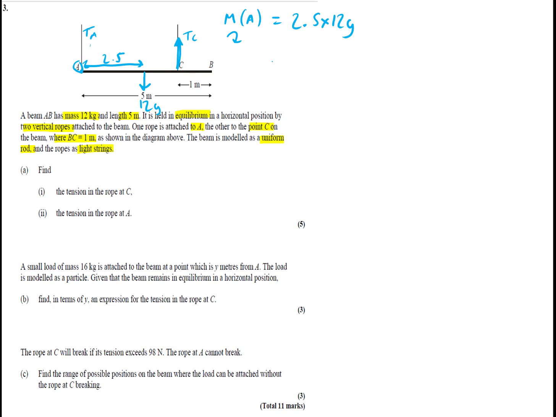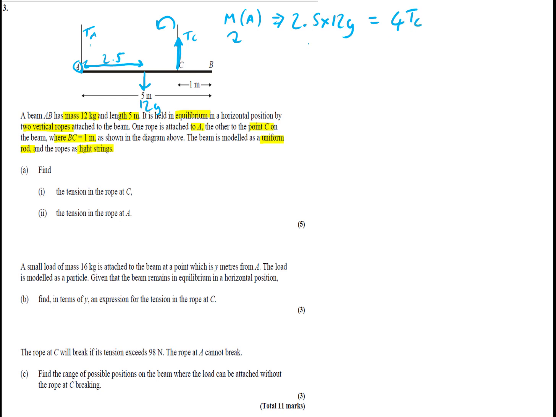Now it's in equilibrium, so that's got to equal the anti-clockwise moment. Well, the whole thing's 5 and that's 1, so it's going to equal 4 times TC.